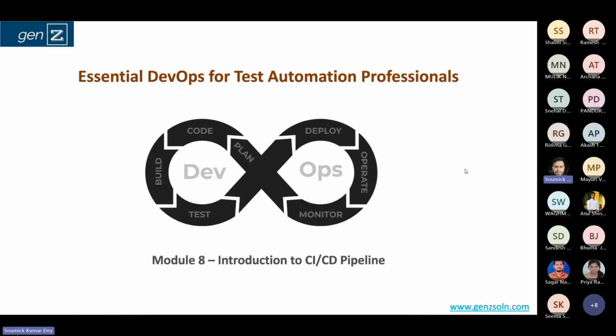So I just want to know what different definitions we have about CI/CD or the CI/CD pipeline. Can someone tell me what actually CI/CD or a CI/CD pipeline is, or what you know about this CI/CD pipeline?